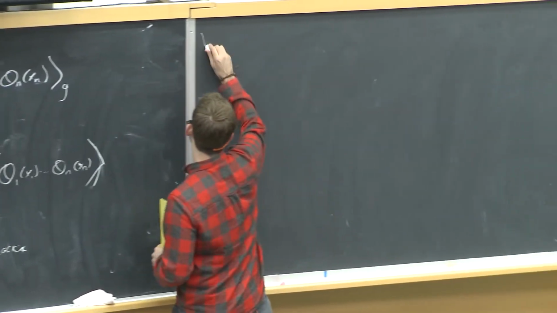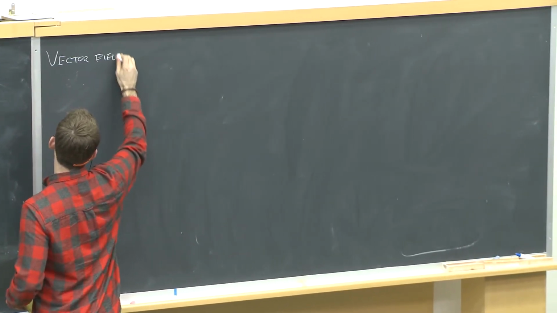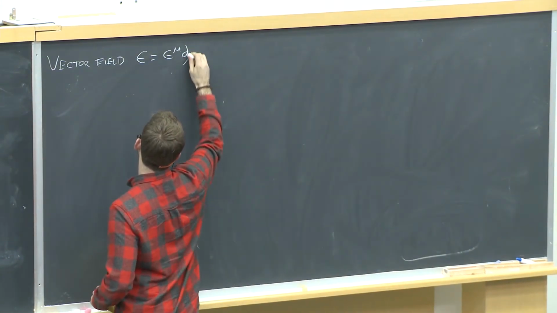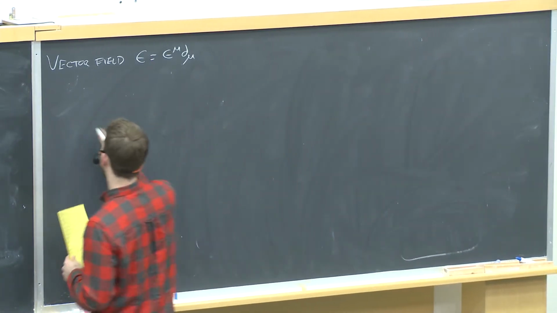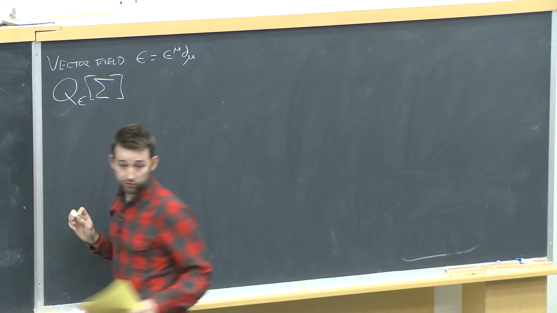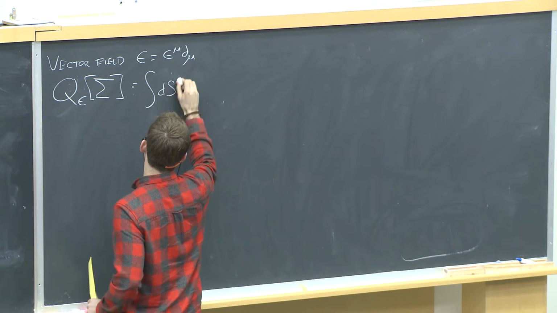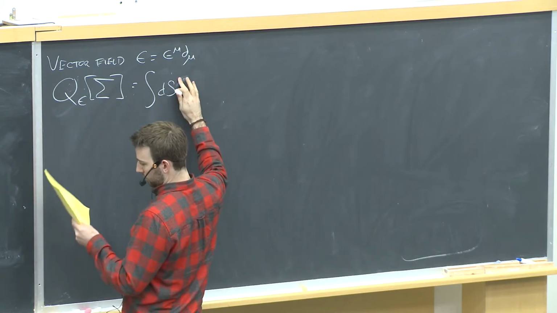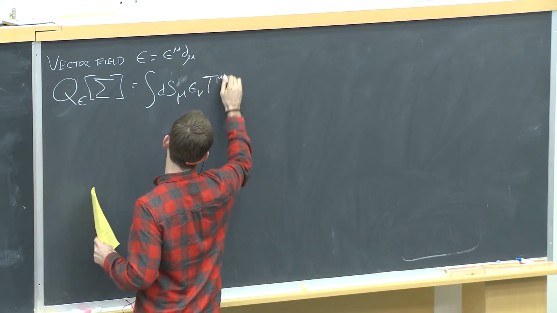So for any vector field epsilon, which in an orthonormal basis looks like this, I can try to define a conserved charge the same way, the integral of dS mu epsilon nu T mu nu.